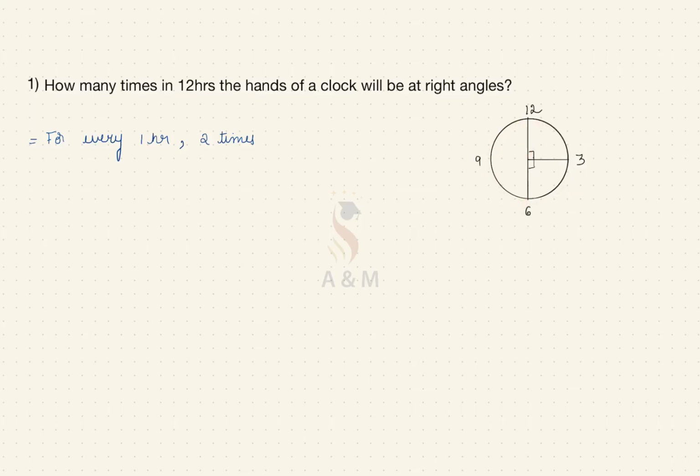That means for every 12 hours, how many times does it come? 12 into 2, that is 24 times. So the answer is 24 times. When they ask for 24 hours, that is 2 into 24, it comes 48 times. Clear? Let's move on to the next problem.